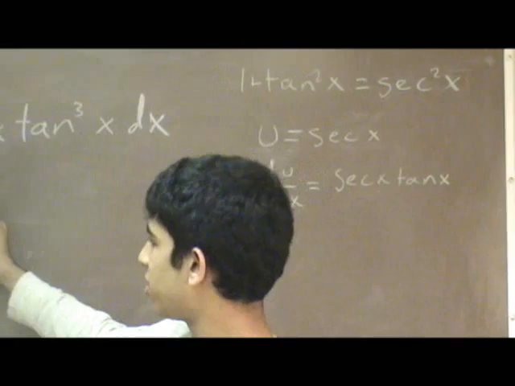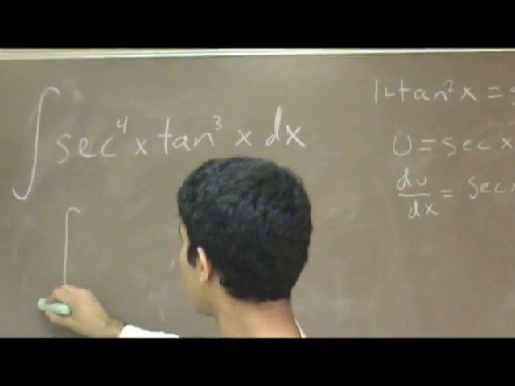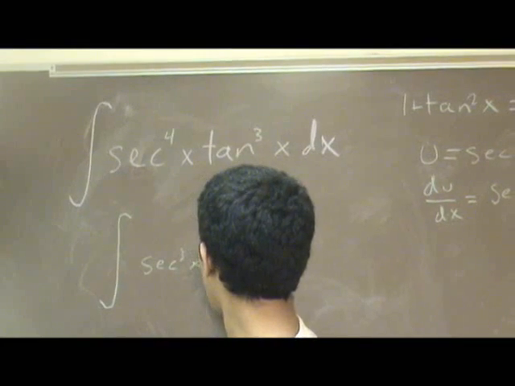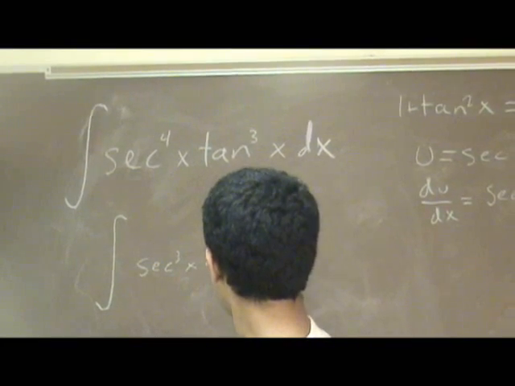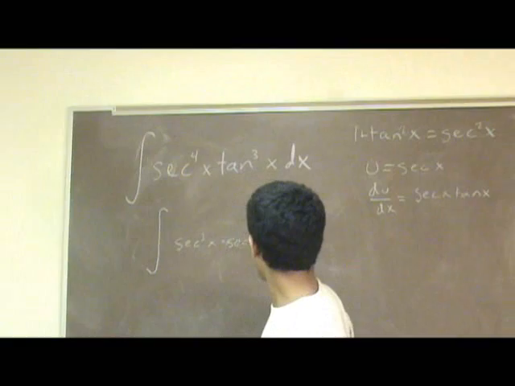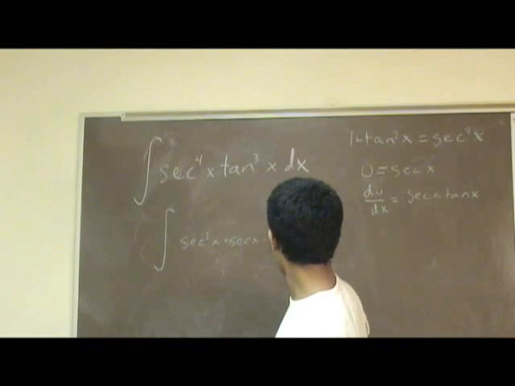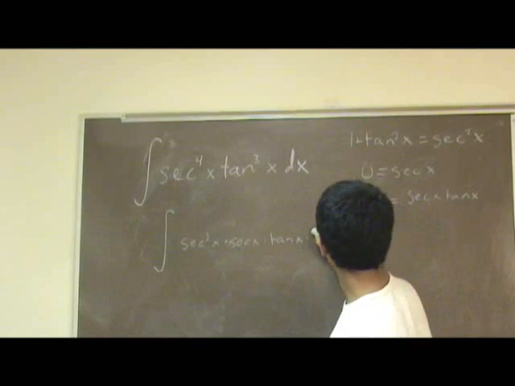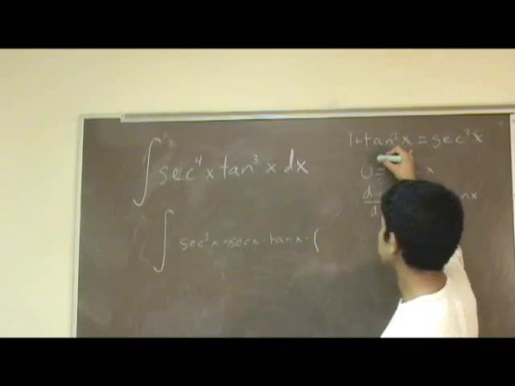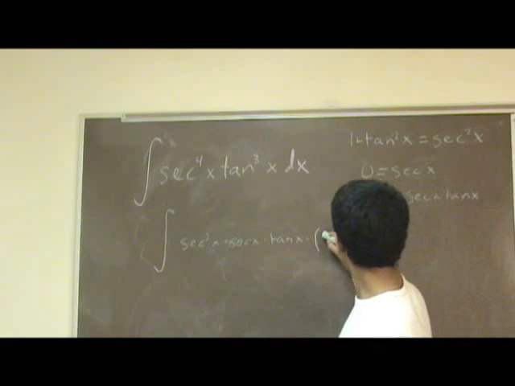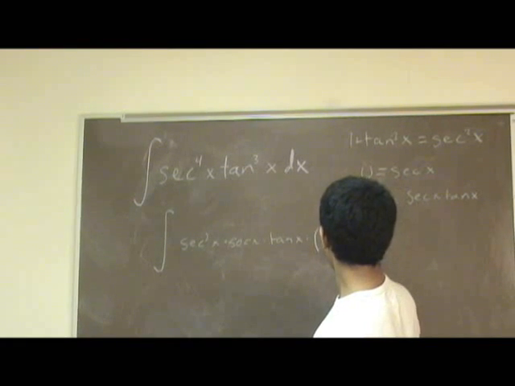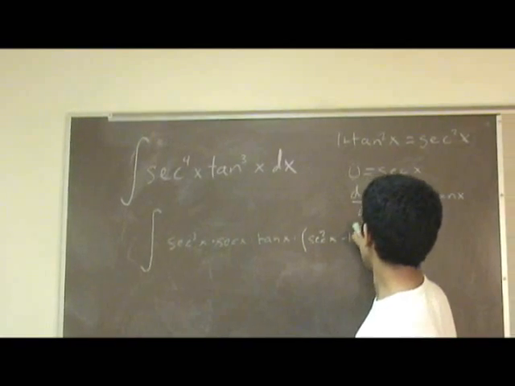So when we rewrite this problem, what we have is secant to the third x times secant x times tangent x times this property here, where we rewrite 1 plus tangent squared x equals secant squared x as tangent squared x is equal to secant squared x minus 1 dx.